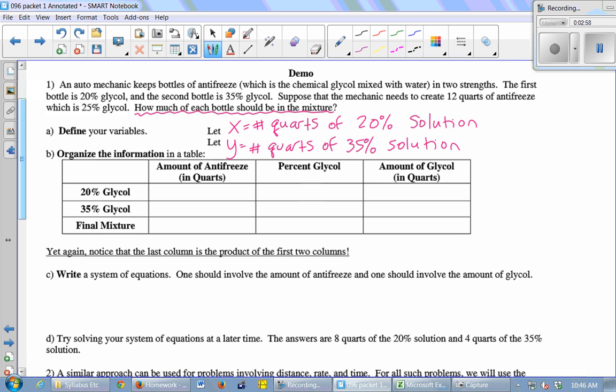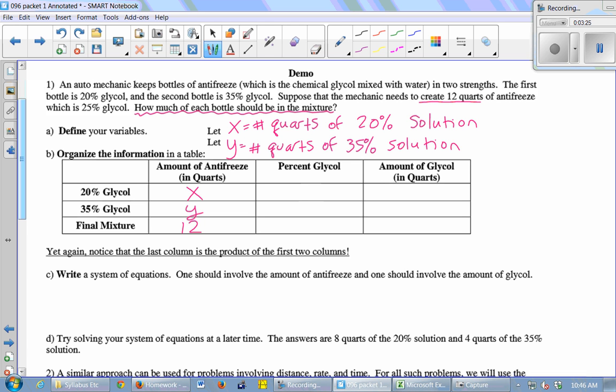Okay, so then we try to organize all this information into a table. The amount in quarts of antifreeze of 20% glycol, that's what they asked us, and we had already decided that's going to be x. And the number of quarts of 35% was y. And how many quarts of the mixture am I looking to make? 12, from the problem.